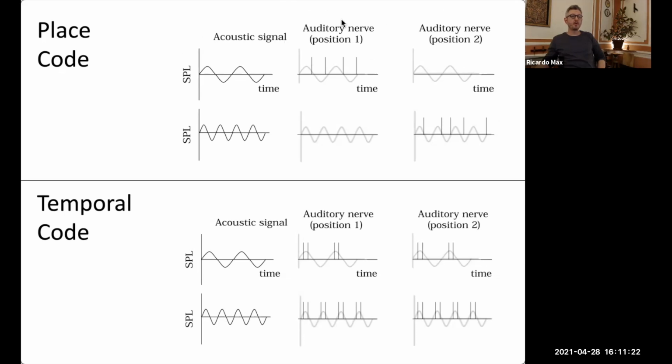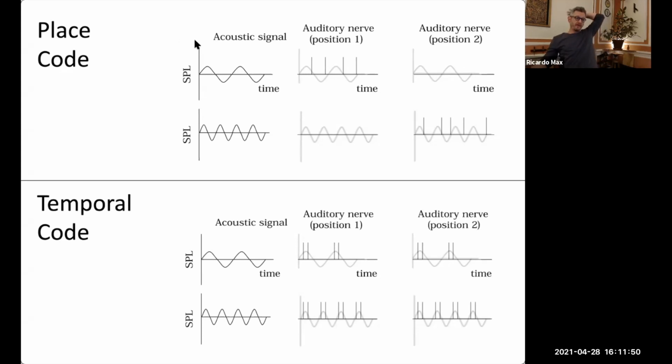So position 1, where in the basilar membrane are they? Is it either base or apex? Say it's 50% chance that you got it right. It's the apex, that's right.